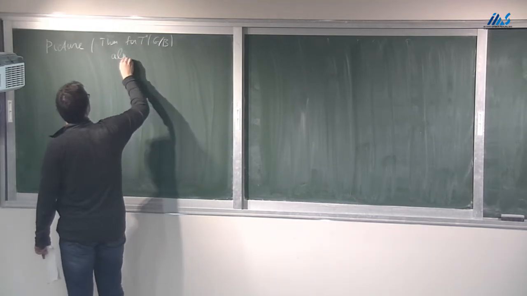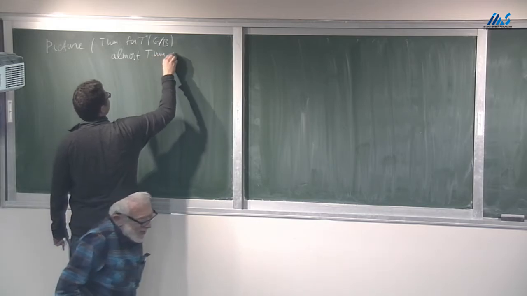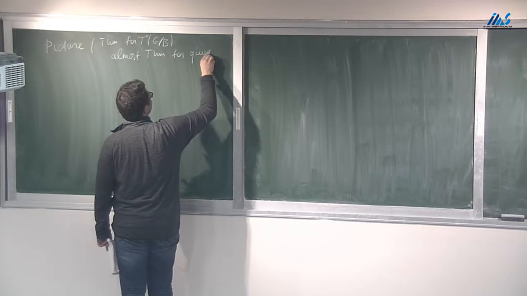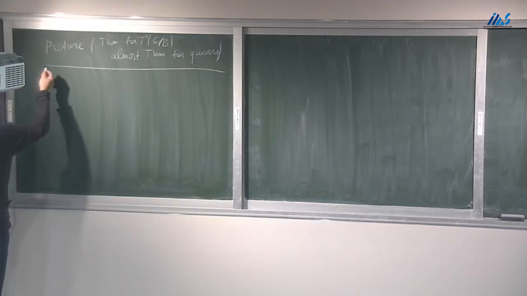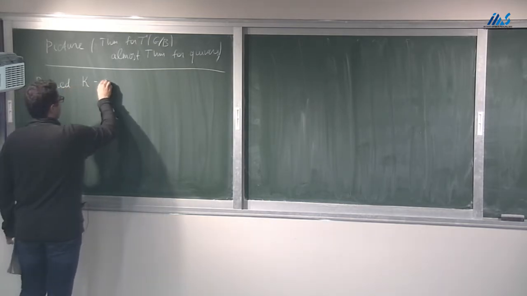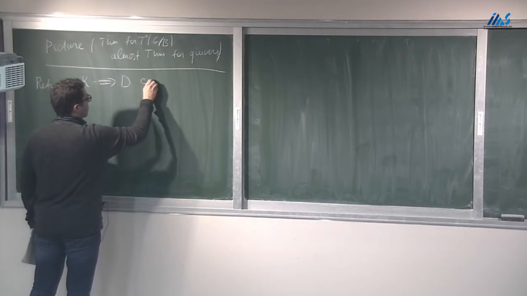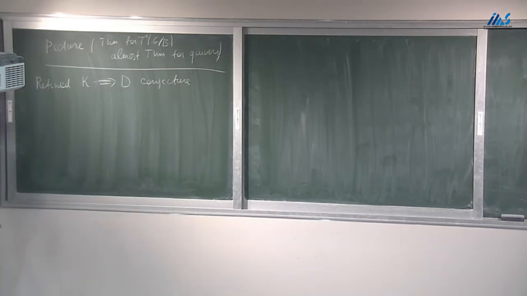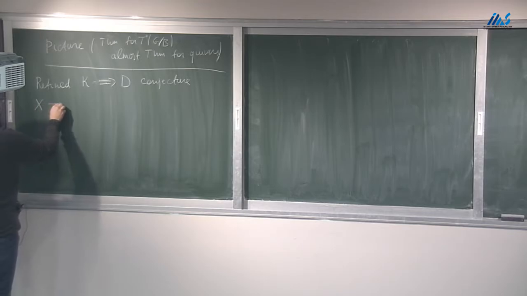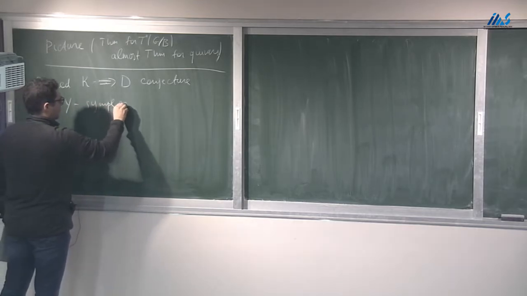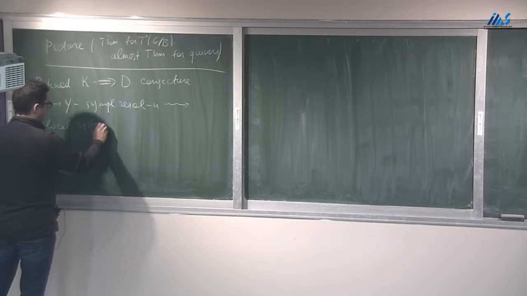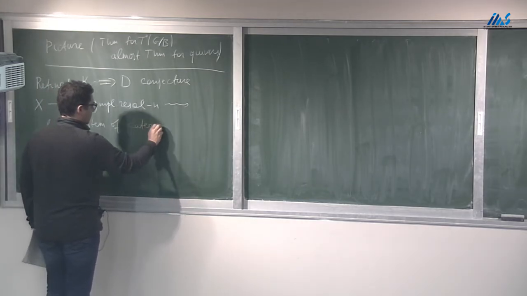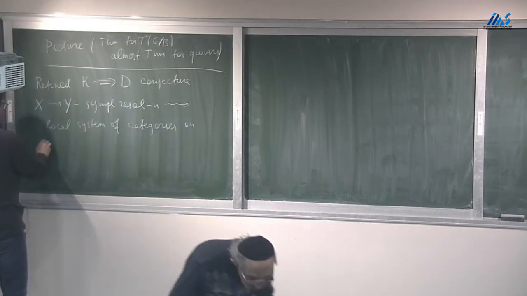Okay. So remember, I started a few days ago discussing this refined K equivalence, K implies D conjecture, which starting from a symplectic resolution, we produced, so if X to Y was a symplectic resolution, then we produced a local system of categories on a parameter space.